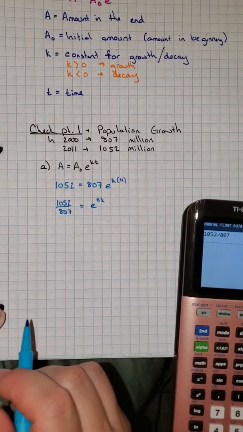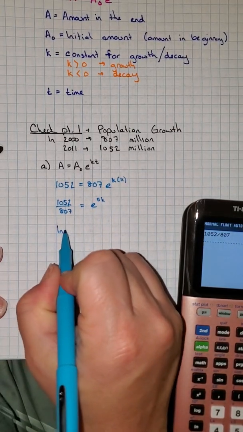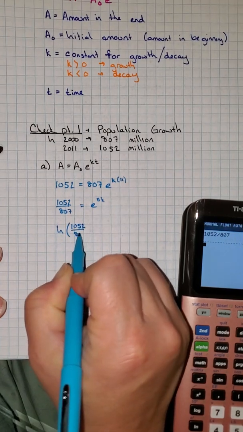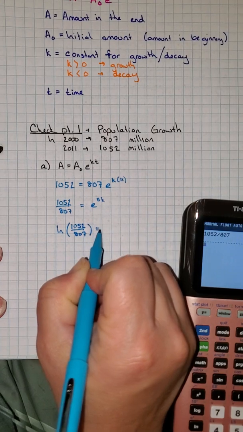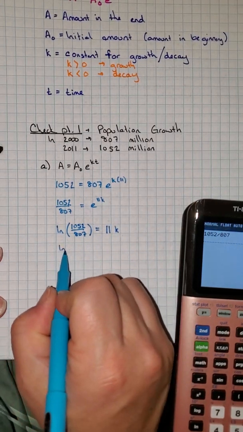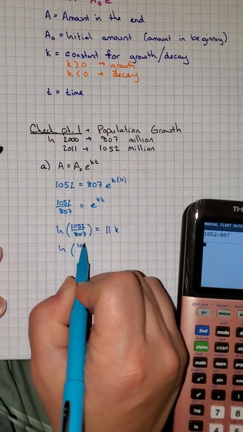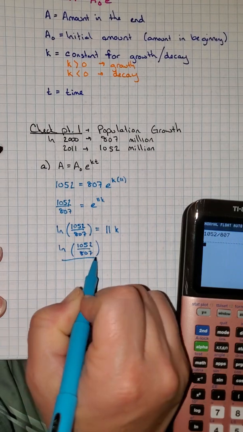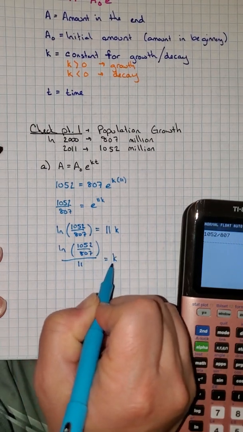But we need to solve for k, so I'm going to take the natural log of both sides. So natural log of 1052 over 807 equals 11k, and then we just divide by 11. So the natural log of 1052 over 807, all over 11, equals k.